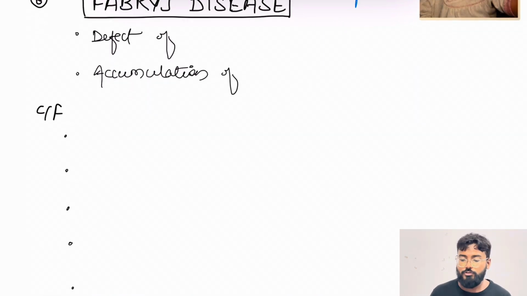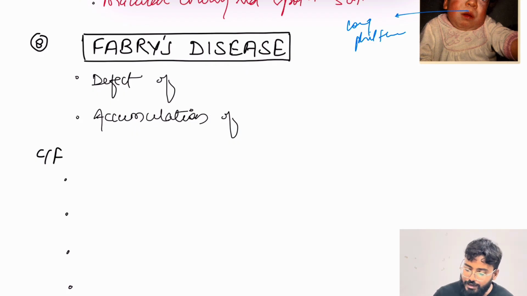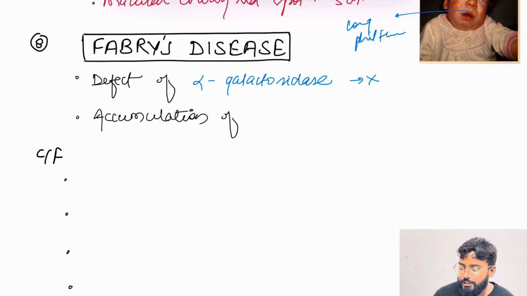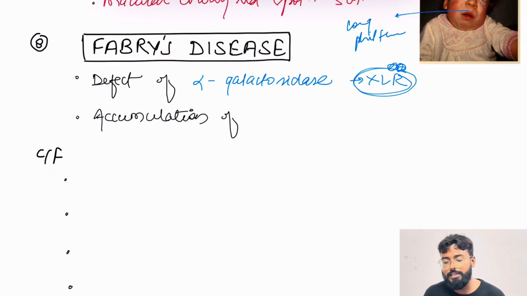The next one is your Fabry's disease. In Fabry's disease, the enzyme defective is your alpha galactosidase. This is your X-linked recessive that I told you earlier. This is the only disease which is X-linked recessive. Rest all of them are autosomal recessive.